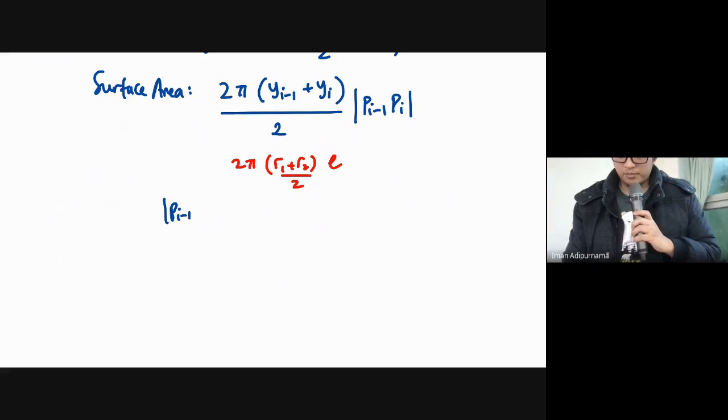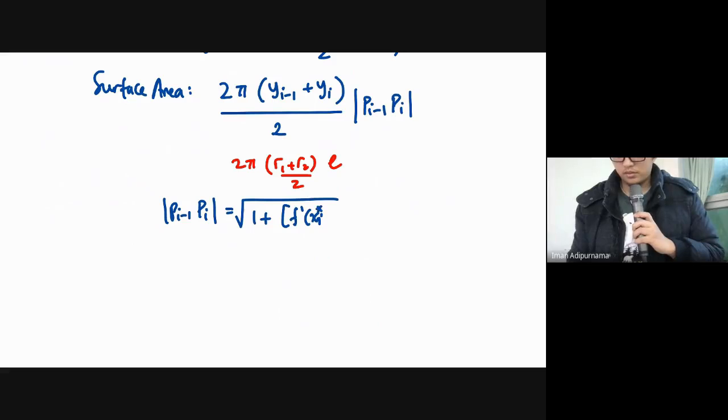So let me write the arc length or the distance as the square root of 1 plus... okay.